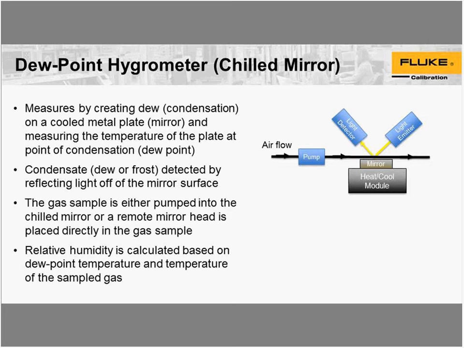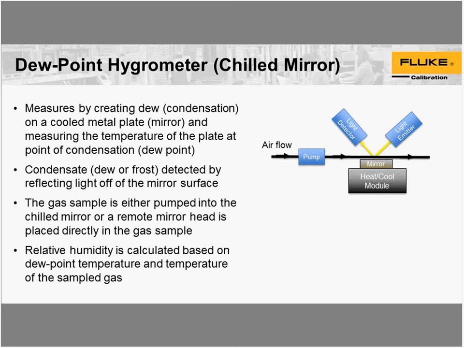You pass the air over the mirror, and you heat or cool the mirror until you see a fog or a dew form on it, and you detect the dew, the fog, or the frost by bouncing light off of the mirror and then measuring the light that's reflecting off of the mirror.